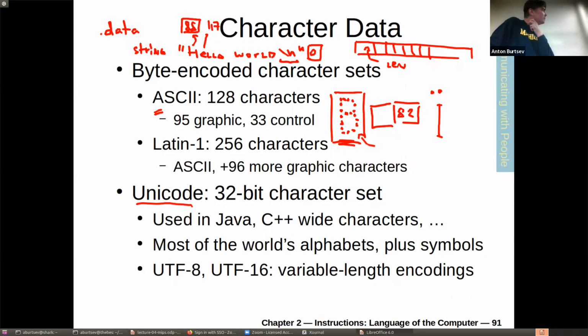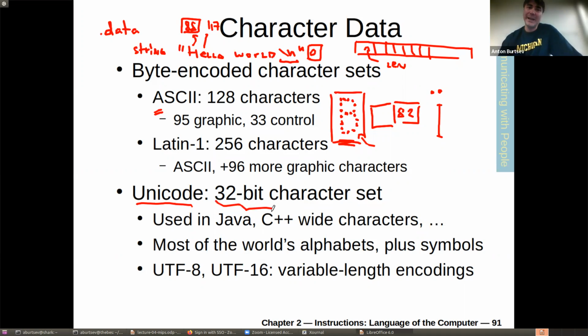You said Unicode is 2 bytes, or is it 4 bytes? Unicode, I think the typical representation is 2 bytes. However, the slide, and this is what the book was saying, maybe there might be a 32-bit character set.